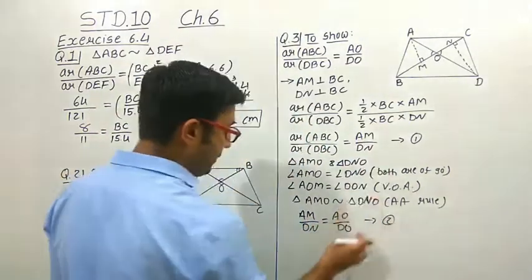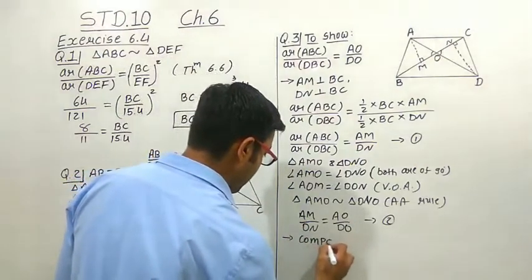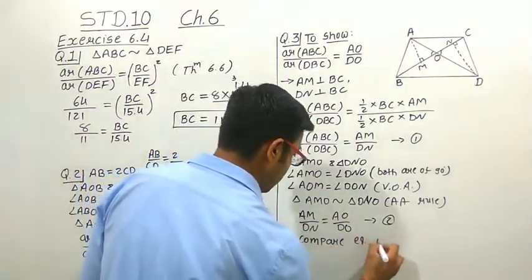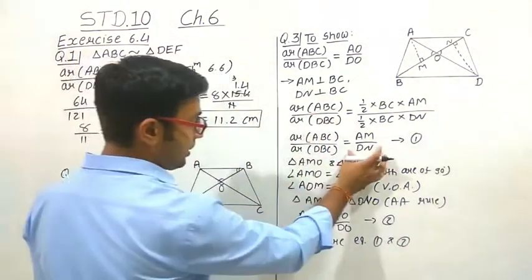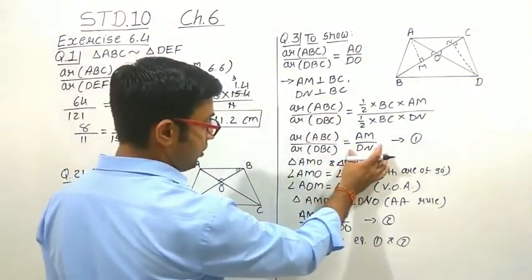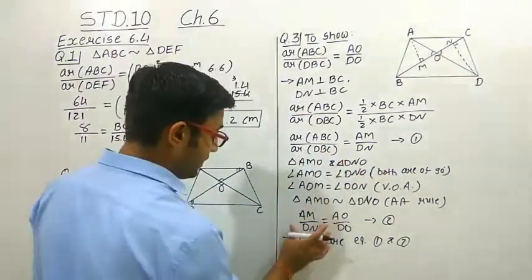Now see, when we compare equation number 1 and 2, the right hand side here is AM upon DN, and the left hand side is also AM upon DN. So this equals this and this equals this.